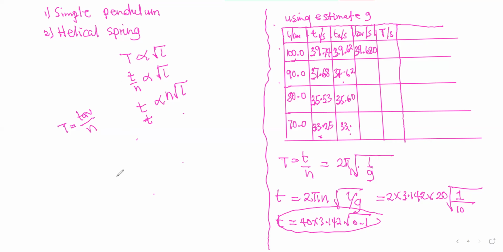So the first one, your average time is 39.68. 39.680 is the same as this, divided by, maybe you oscillated it 20 times, divided by 20. And you express this in at least 3 or 4 dps.